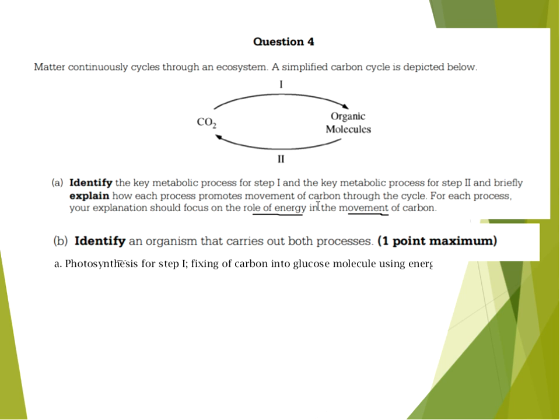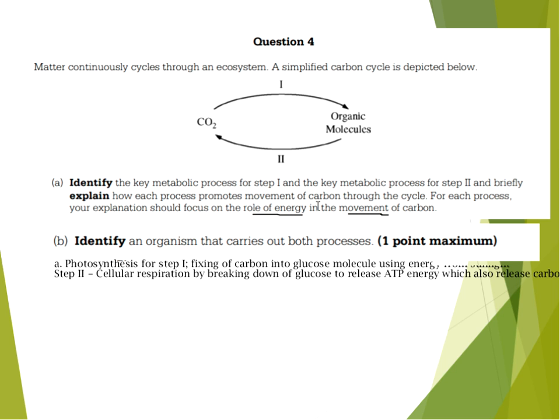We already said it was cellular respiration. So breaking down of the glucose to release ATP energy, which also releases the carbon dioxide. Okay, so that's just again giving you a little bit of overview.